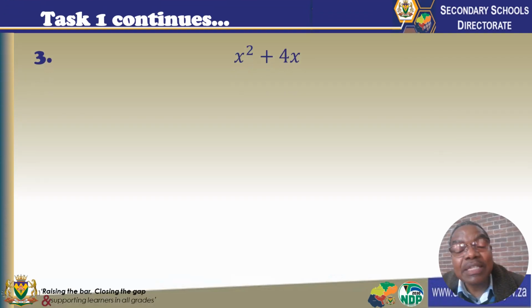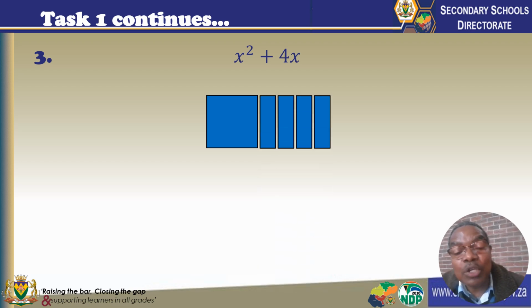Now, second task again, we have what? x squared plus 4x. So x squared is represented by this bigger square, which is x times x. But because it's positive, we're going to have a blue big square. Plus 4x means how many small rectangles? It will be 4 rectangles. 1, 2, 3, 4. Then we have x squared plus x plus 1.